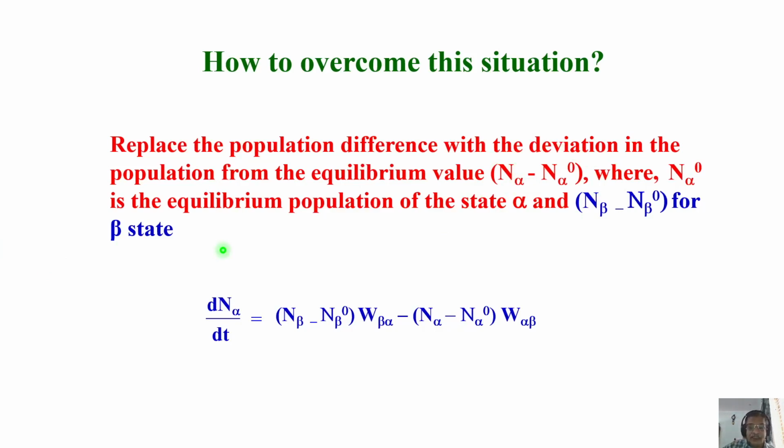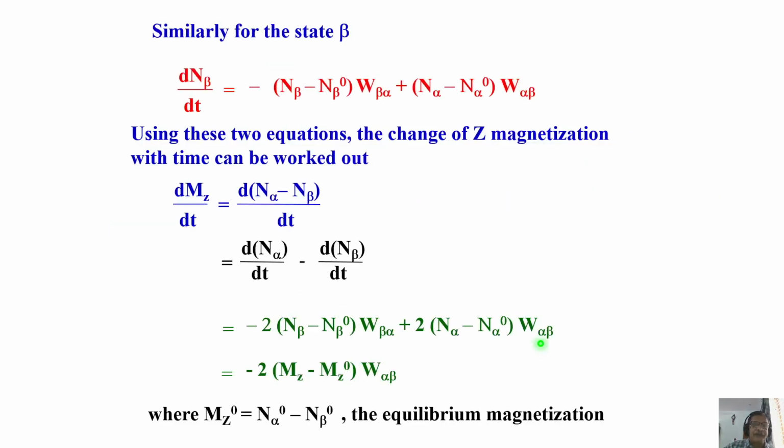Now put that into the rate equation. So instead of putting just n alpha and n beta, we substitute with these two terms. That's all we did. Similarly, you do it for the beta state and do a little bit of jugglery equating these two equations, and you can find out the rate of change of Z magnetization. That is given by d by dt of n alpha minus n beta.